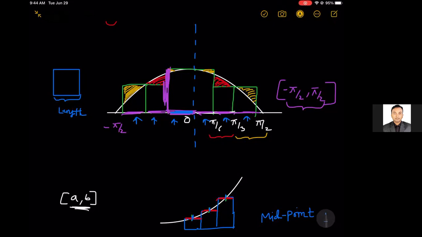Does it make sense? Remember, we are slowly building towards the formula. Does it actually make sense to you how to use this length, or what the reasoning is behind this?